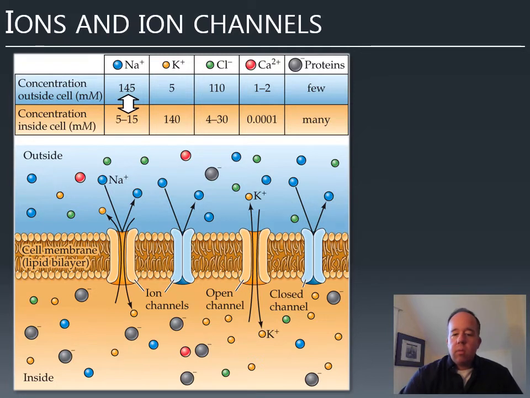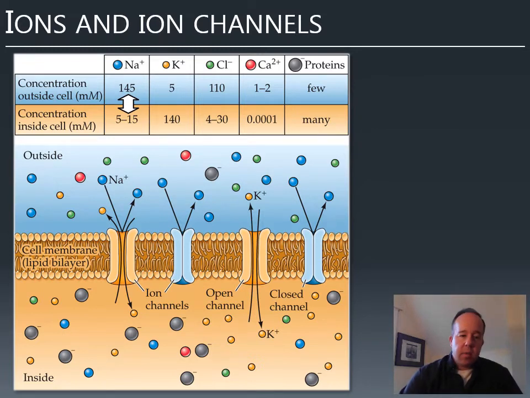So ions in any atom will have a concentration. That means how much of that item is there in a given volume. You don't need to memorize the numbers, but we just compare these numbers. So we have a neuron, so there's a space outside the neuron, there's a space inside the neuron, and how much sodium you find outside and inside is different.